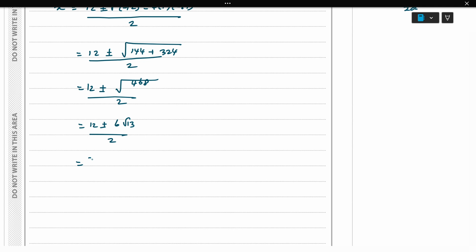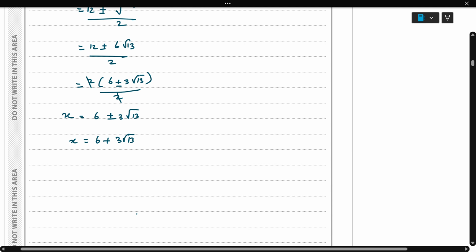So I'll bring 2 outside, so it's going to be 6 plus 3 root 13 over 2. So 2 got cancelled, so x equals 6 plus or minus 3 square root of 13. But the side can't be negative, so we are choosing only 6 plus 3 square root of 13.